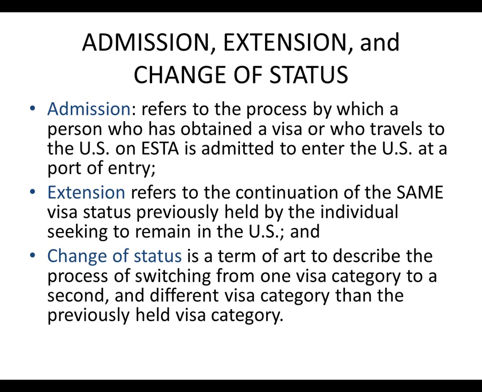Okay? And then finally, we come to a change of status. And a change of status is a term of art that describes going from one visa category to another visa category.